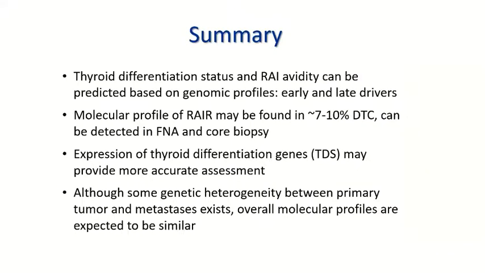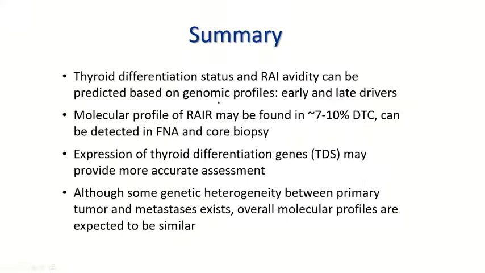So in summary, we discussed today that thyroid differentiation status and radioactive iodine avidity can be predicted based on genomic profiles, based on the presence of early and late drivers, BRAF-like and RAS-like, with many, many nuances that were beautifully highlighted in Dr. Fagan's talk, but we are talking about a very general, more practical approach.